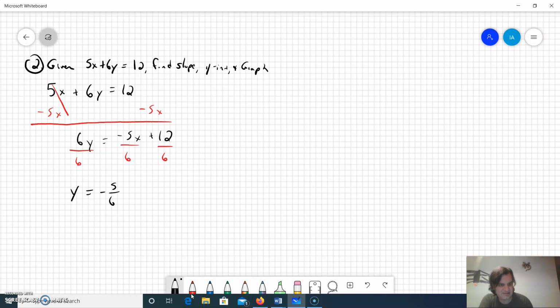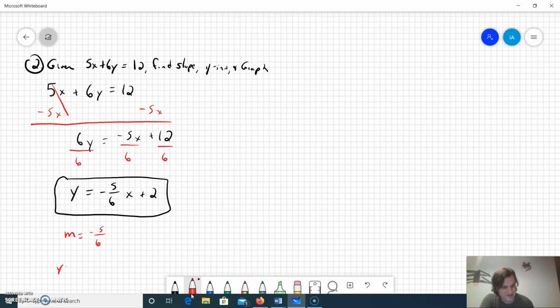So when I divide by 6, I get y equals negative 5/6 x plus 2, which is slope-intercept form. So we will have a slope of negative 5/6, and a y-intercept of 2, which is (0, 2) as a point.